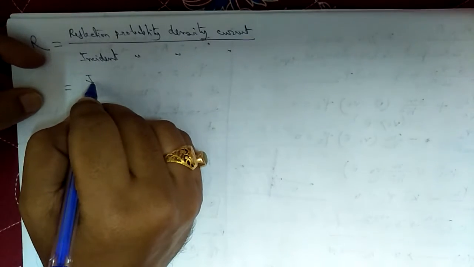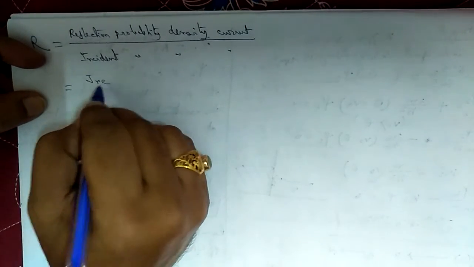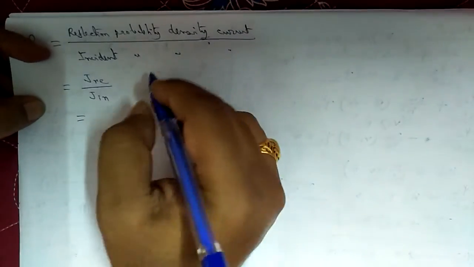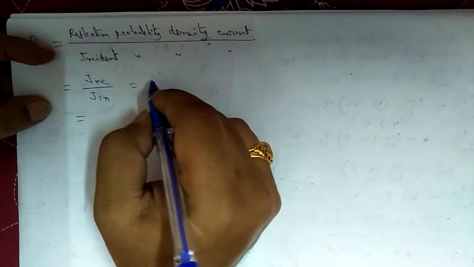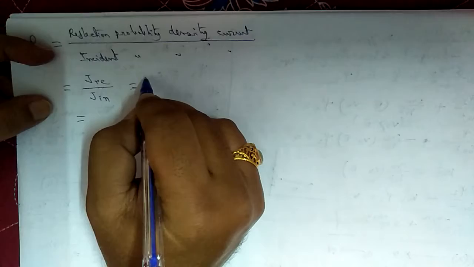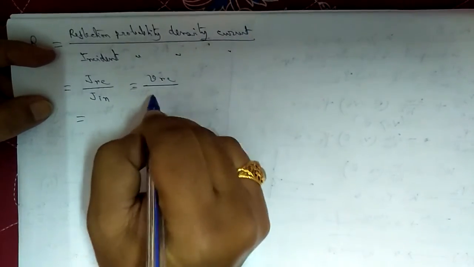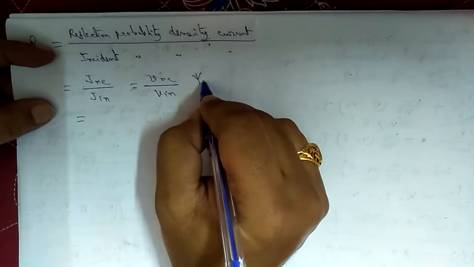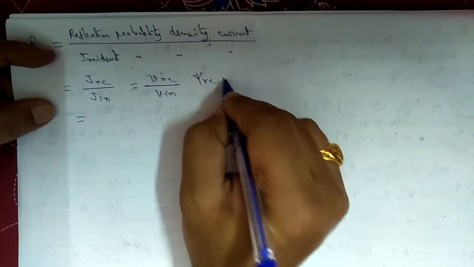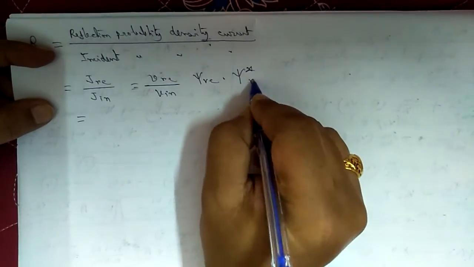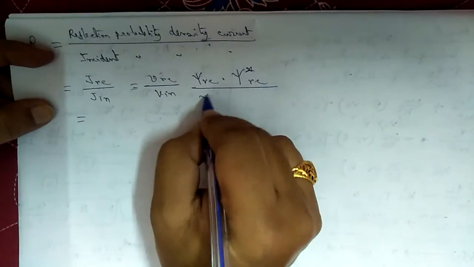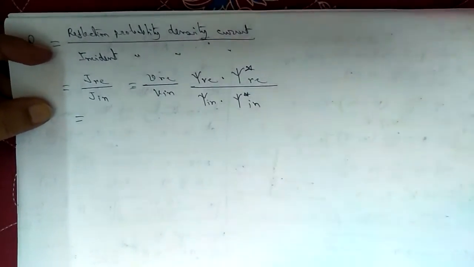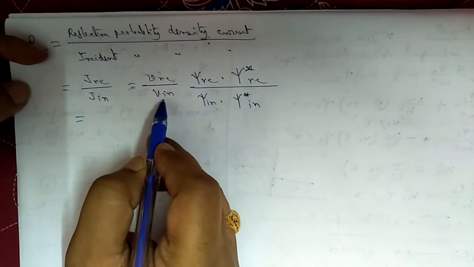This can be written as J_RE divided by J_in, and also as V_RE divided by V_in into the probability, that is psi RE into psi star RE divided by psi in into psi star in.